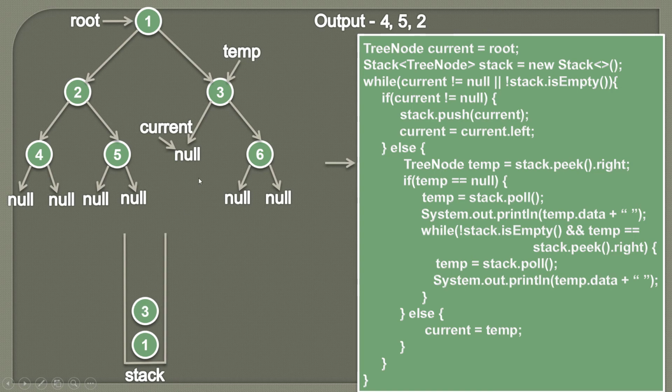So stack peek is node 3 and its right is 6. So now temp will point to 6. And here we check whether temp is equal to null or not. But here you can see temp is not equal to null. So there can be a possibility 6 can also have left or right children. So in the else part, we simply assign current to 6.